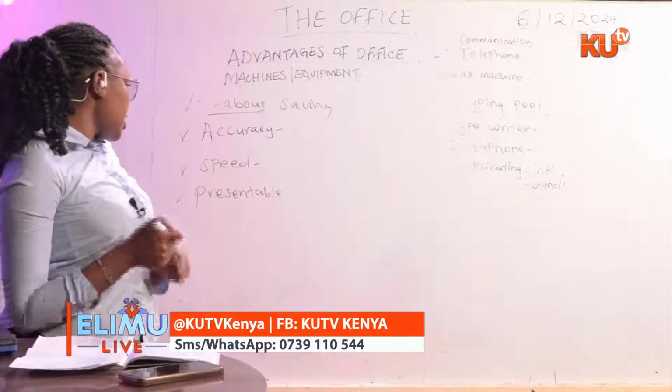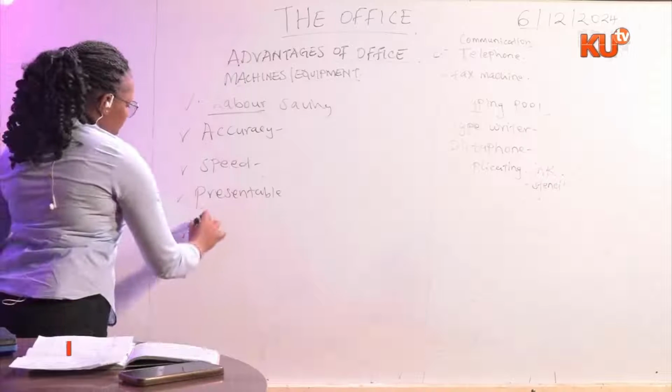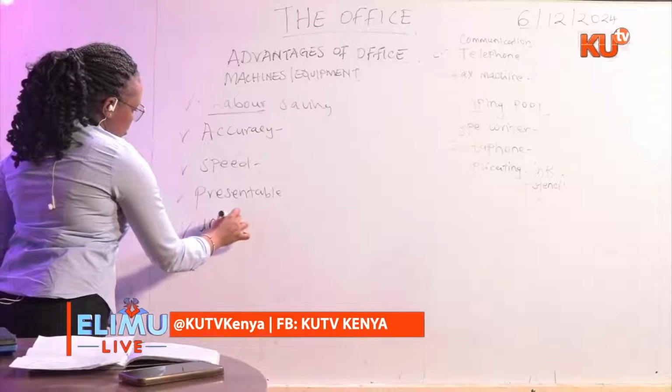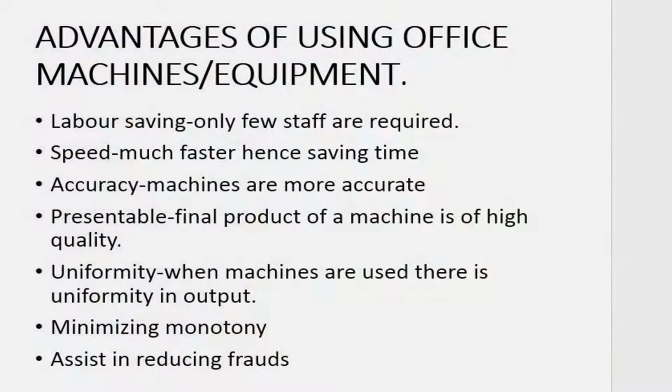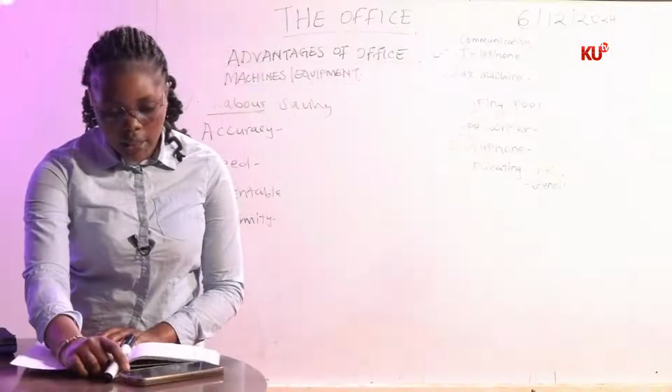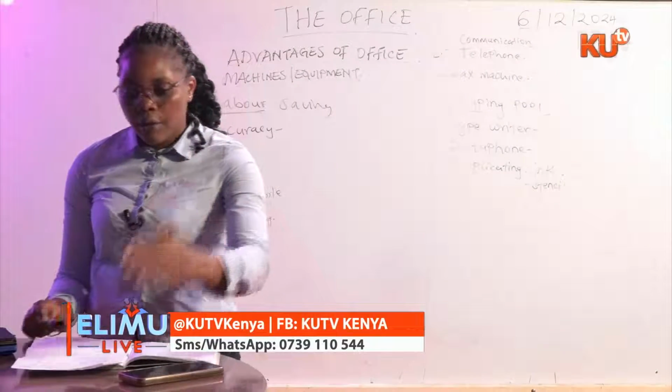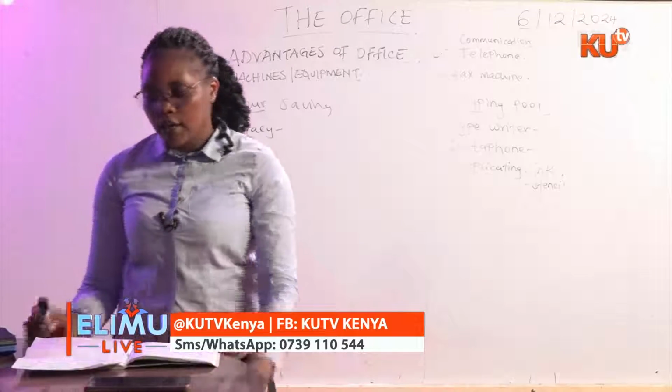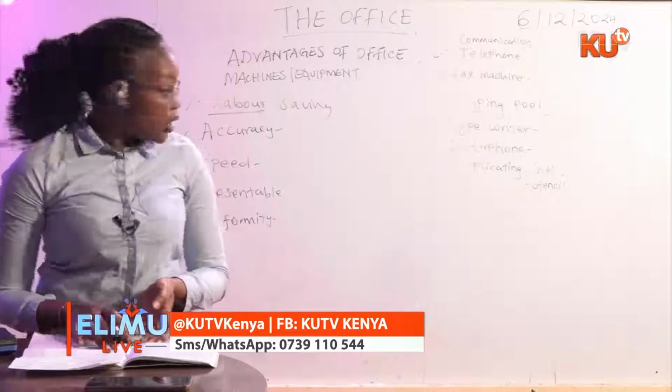Then number five, we have uniformity. Machines ensure that our work is uniform. Uniformity is whereby the output done by machines is the same. If one exam paper is printed, all the others are all the same.